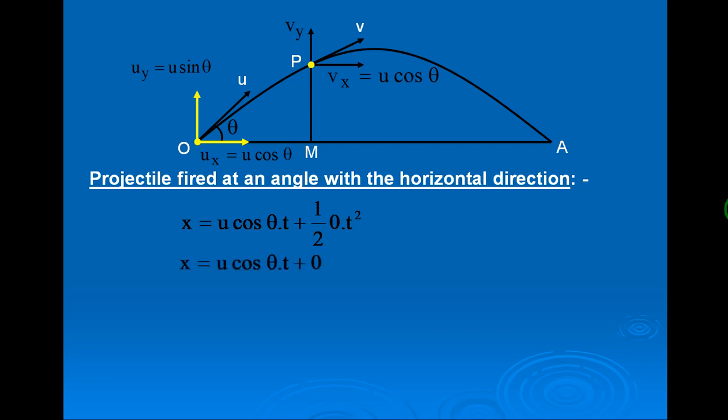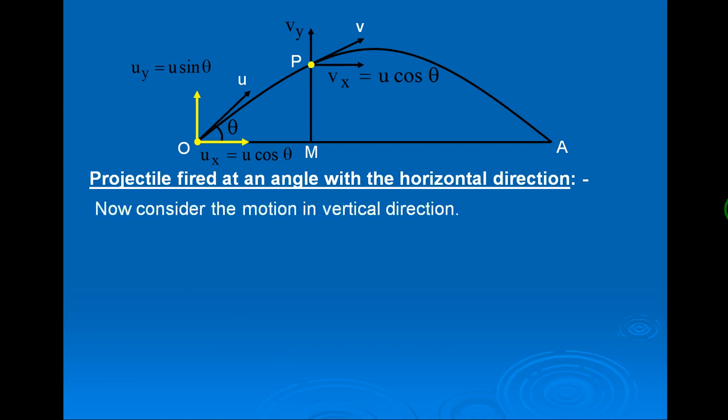Therefore, we get x is equal to u cos theta into t plus 0, or x is equal to u cos theta into t. Therefore, t is equal to x upon u cos theta. Call this equation number 1.